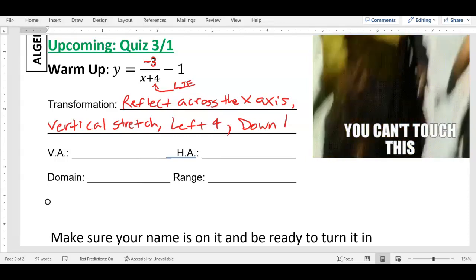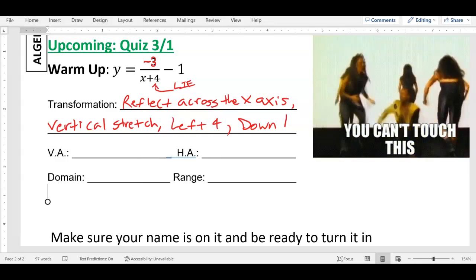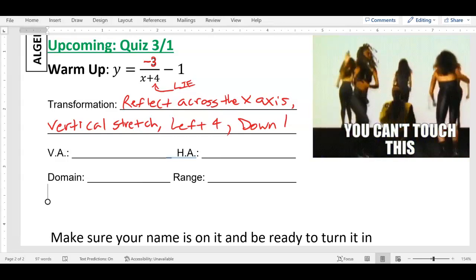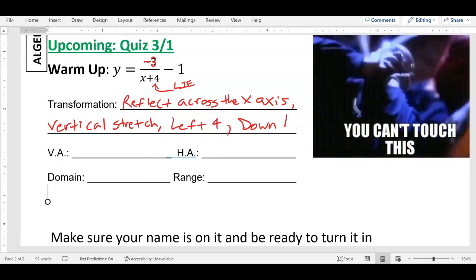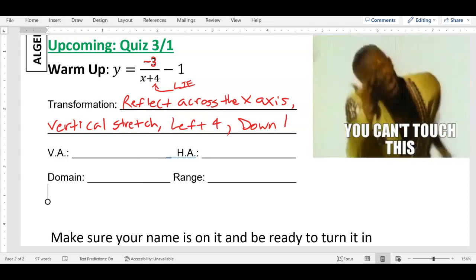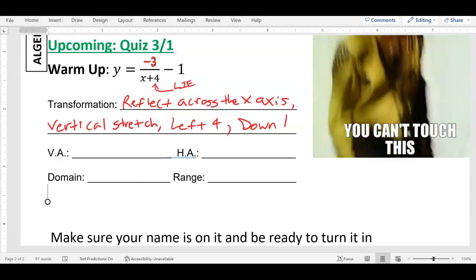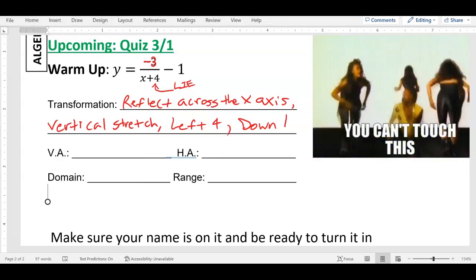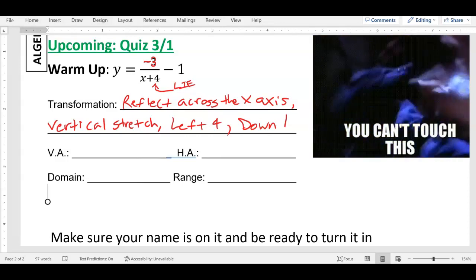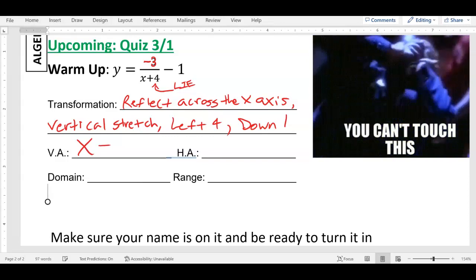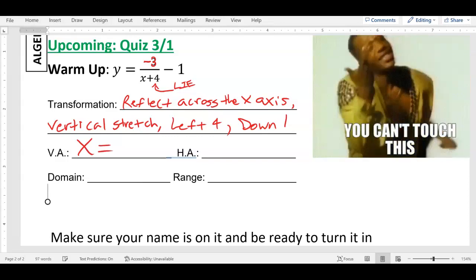Okay? Does anyone remember what VA stands for? Vertical asymptote. Y'all remember that line you can't touch? Okay, so the vertical asymptote. A vertical line goes through the x-axis, so you have to put x equals, okay, and look at your equation.